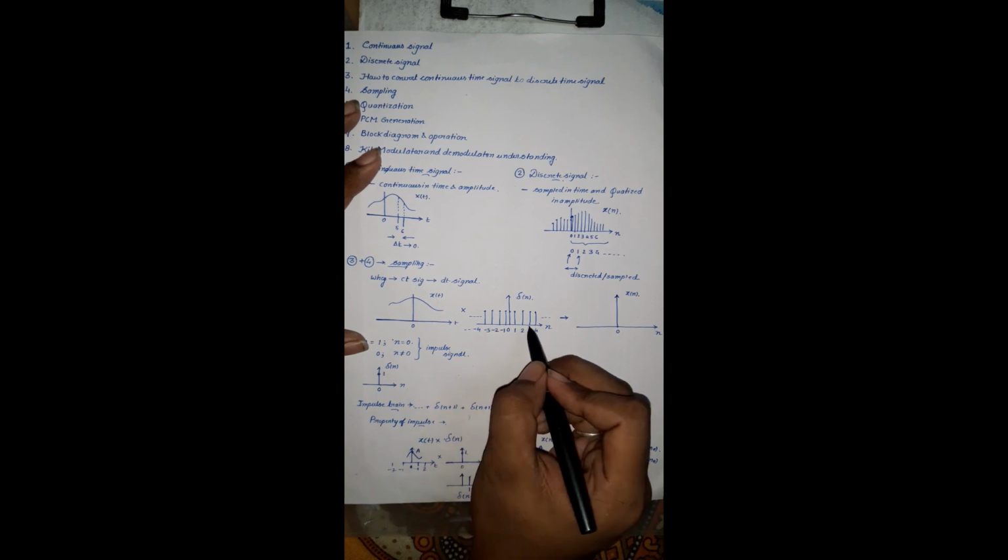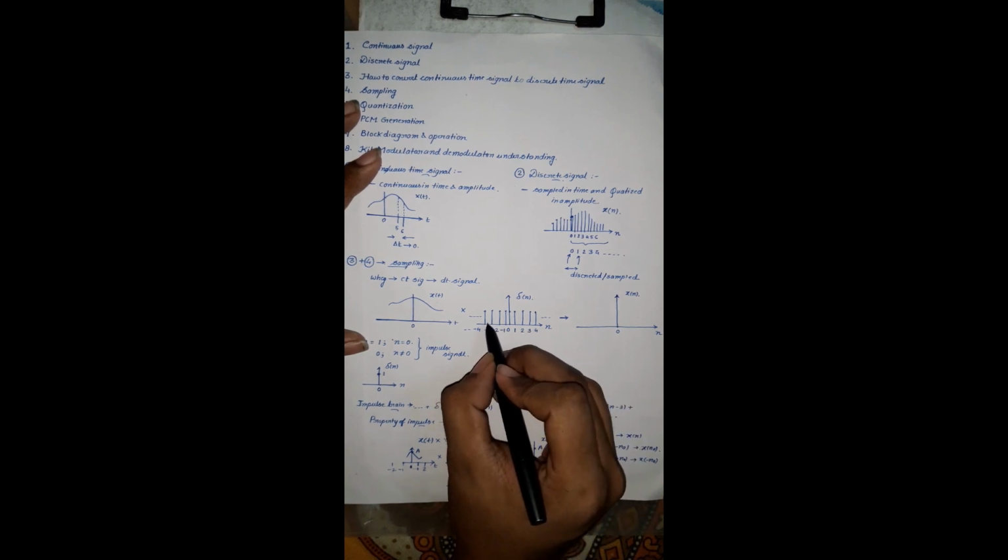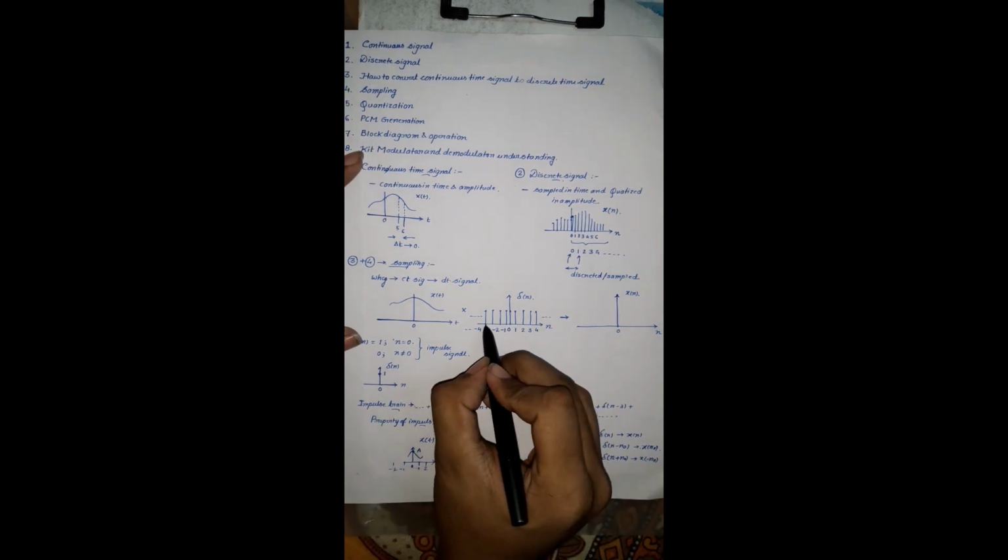Very easy. Now tell me the output. What will be the output? Very easy. If you can see that there are multiple impulses, right? For each and every impulse there is a particular position. Suppose this impulse is present at -4. So at -4 only the value of this signal will be found.